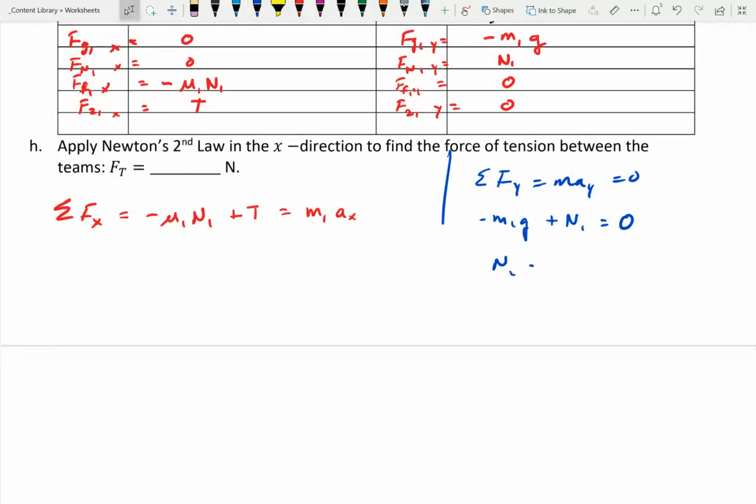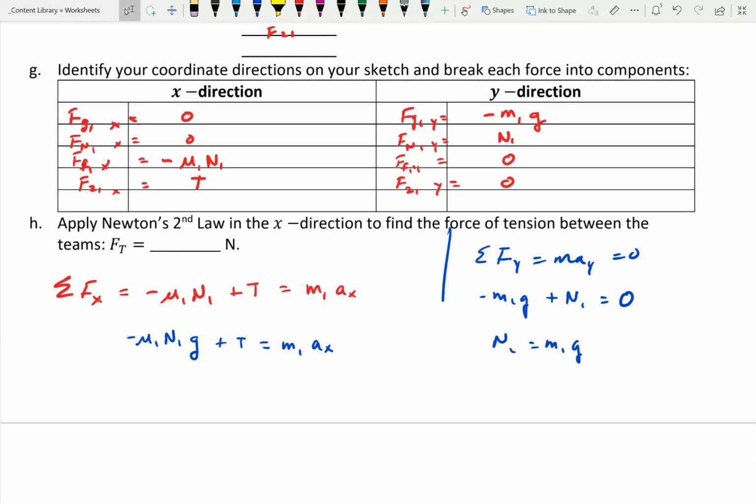So n1 equals m1g. Oh, wait, I forgot. I do know what the force of friction is. I didn't need to do that because I already know what the force of friction is.